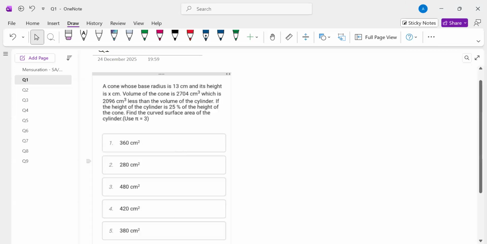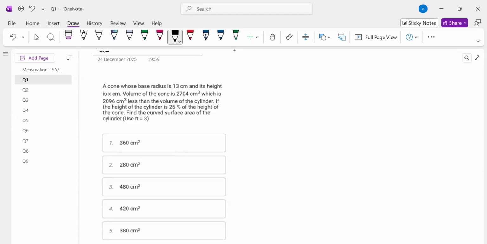A cone whose base radius is 13 centimeter and its height is x centimeter. Volume of the cone is 2704 centimeter cube, which is 2096 centimeter cube less than the volume of the cylinder. If the height of the cylinder is 25% of the height of the cone, find the curved surface area of the cylinder.